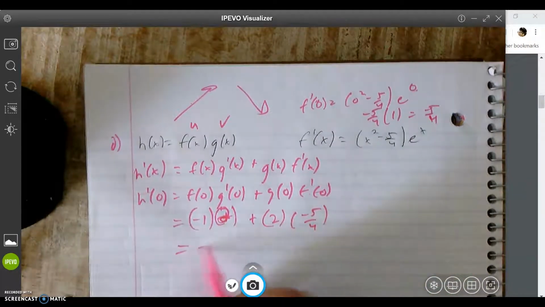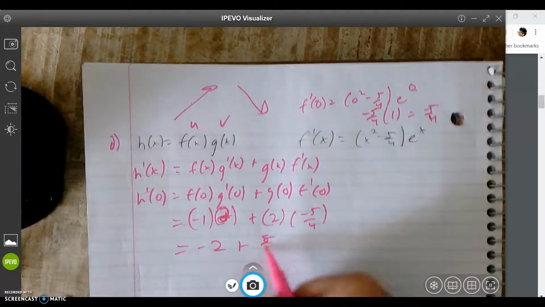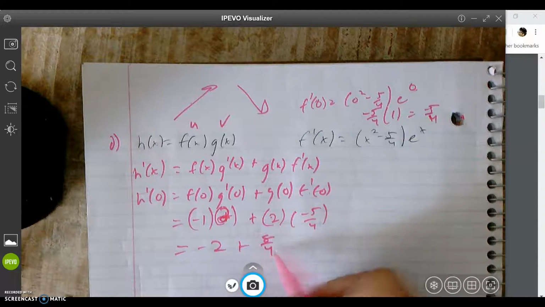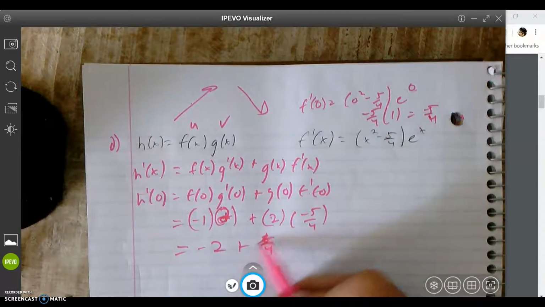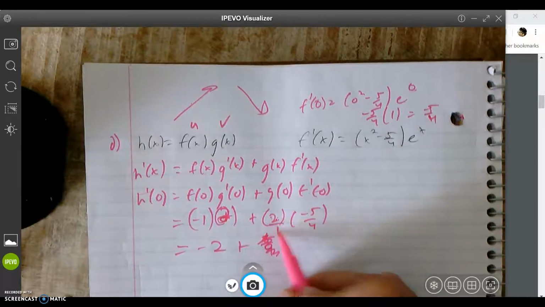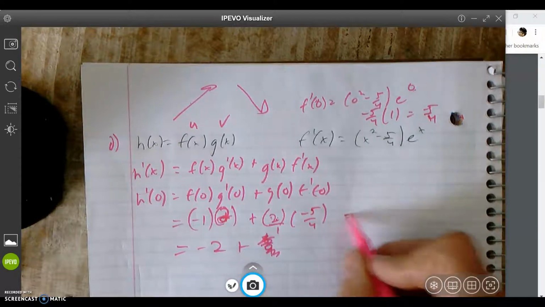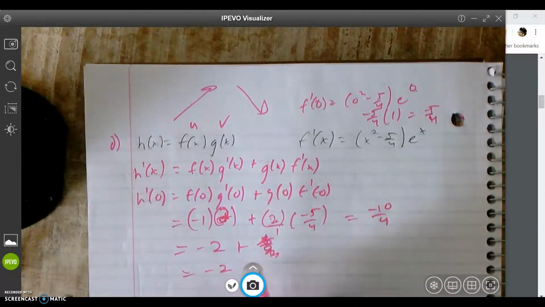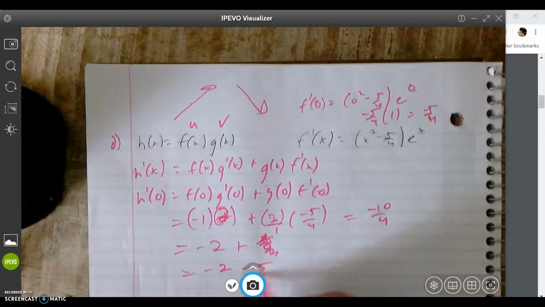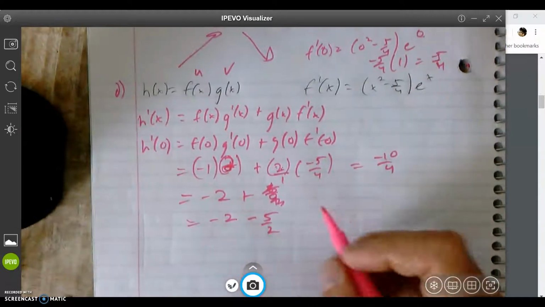So this is -2 plus, this is going to be 8 over 4, because that's the same as 2 with the denominator 4. No, what am I doing? You're not adding. We're just multiplying. My bad. This is 2 times -5, which is -10 over 4. So it's negative 2 minus 5 over 2, which is a negative number.